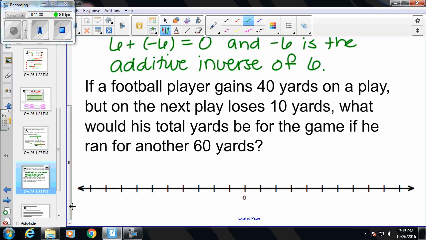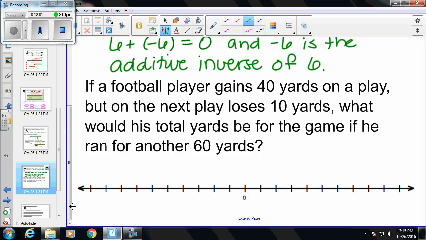All right. If a football player gains 40 yards on a play, but on the next play he loses 10 yards, what would his total yards be for the game if he ran for another 60 yards? And hopefully it's somebody from the New York Giants gaining 40 yards on one play. Now look at my number line. I have a 0 here, but I did not put any other numbers on it.